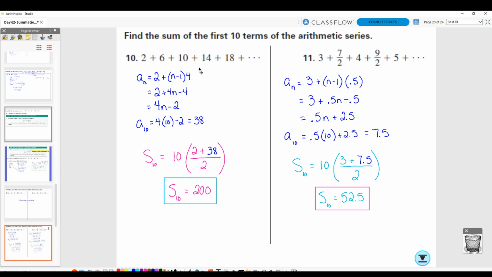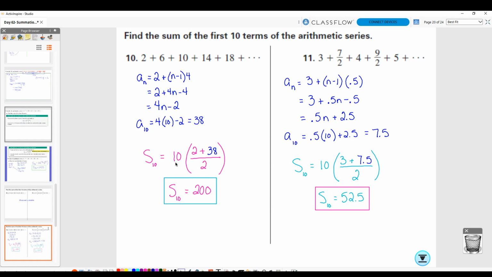Common difference was 4. It goes on forever in that pattern. Sum of the first 10, well, the 10th term calculated is 38. 2 plus the last term over 2 times 10. The number of terms divided by 2, that's how many pairs we had.